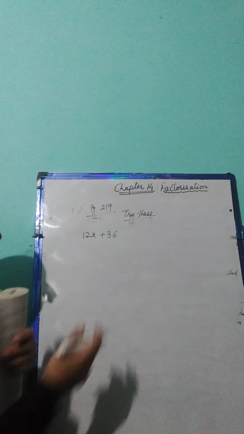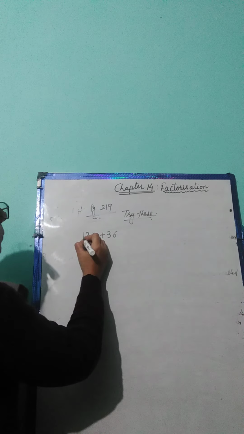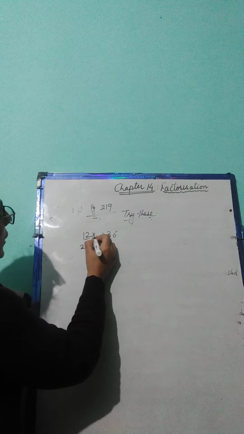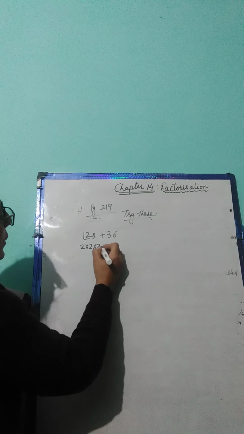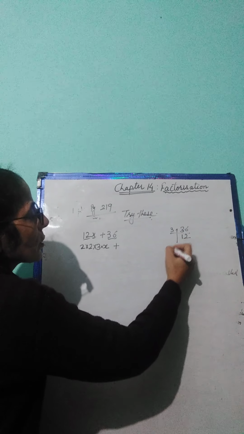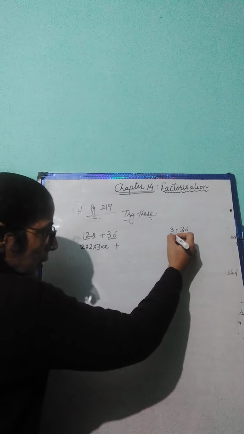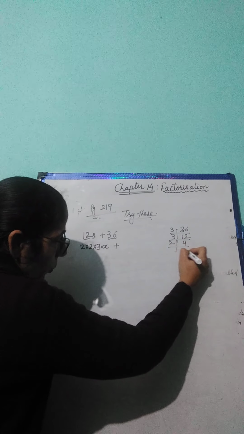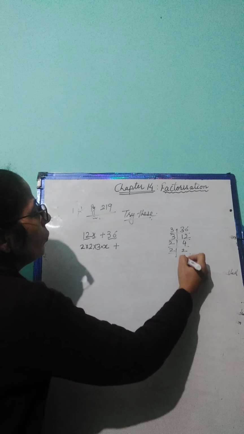But if you don't remember the tables, you can do that way also. 12 can be written as 2 2s are 4, 4 3s are 12, and what is there with it? X. Plus 36 can be written as 3 12s are 36.